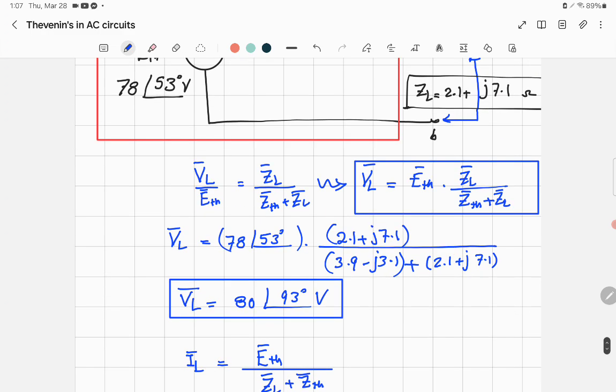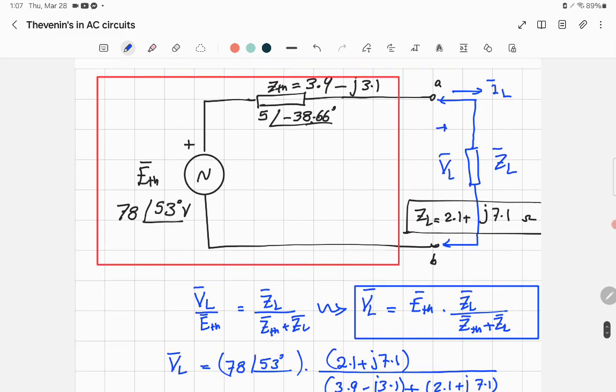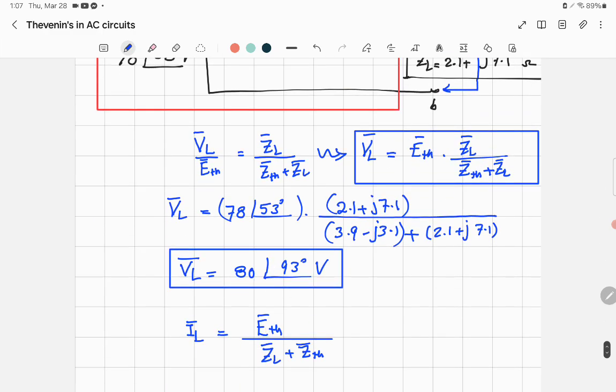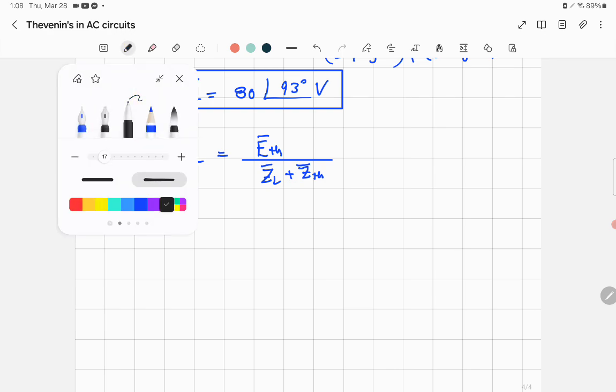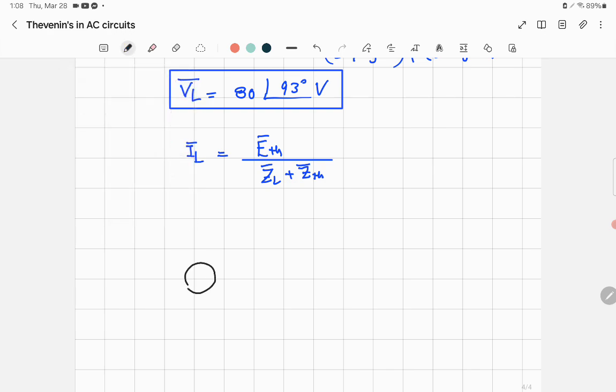I want to focus now on something important. As we did with DC circuits, the question is, what is the impedance of the load that, if you connect it to the circuit, you can deliver the maximum power to the load? So now the question is, we have E Thevenin.